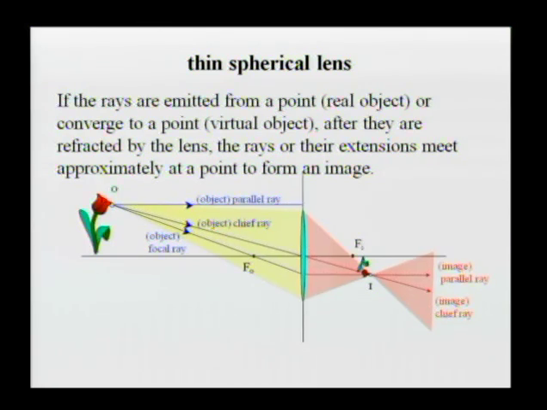The object parallel ray after refraction will pass through the image focal point. Now, sometimes it's the case that either the rays or their extensions have to pass through the focal point. So these are the three rays which we are able to trace for a lens.